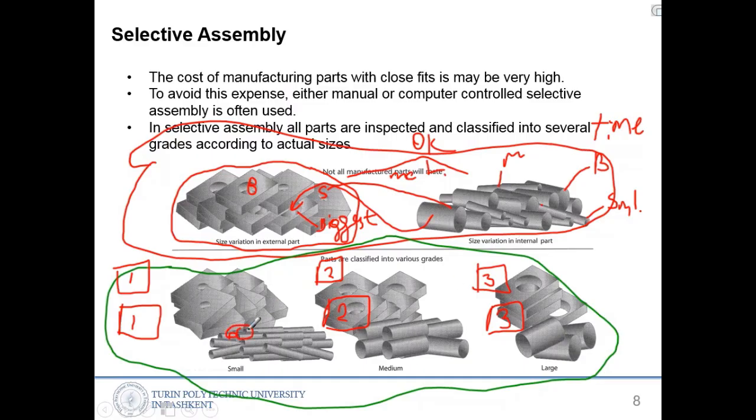When you choose a part from one box, it's easier to find a mating part, because the number is reduced.